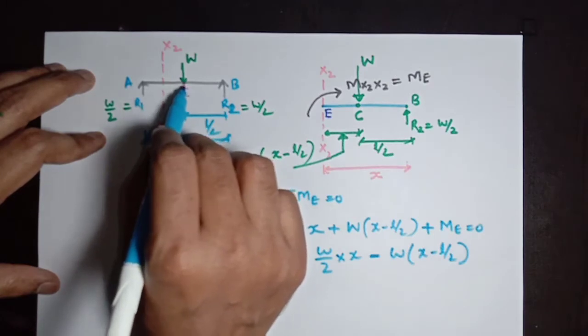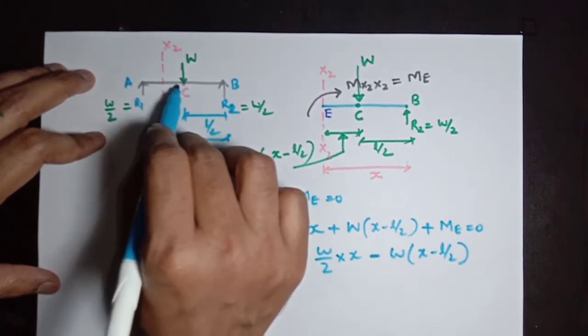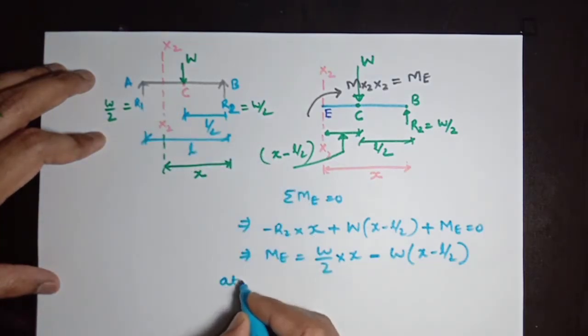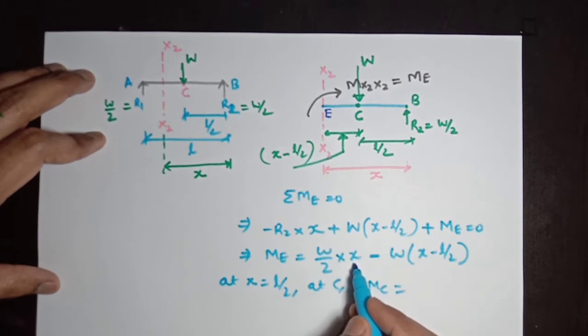We are analyzing this general bending moment expression from the left up to the point C. So at x equal to L by 2, we can say at C, MC will be what? In place of x we will put L by 2.